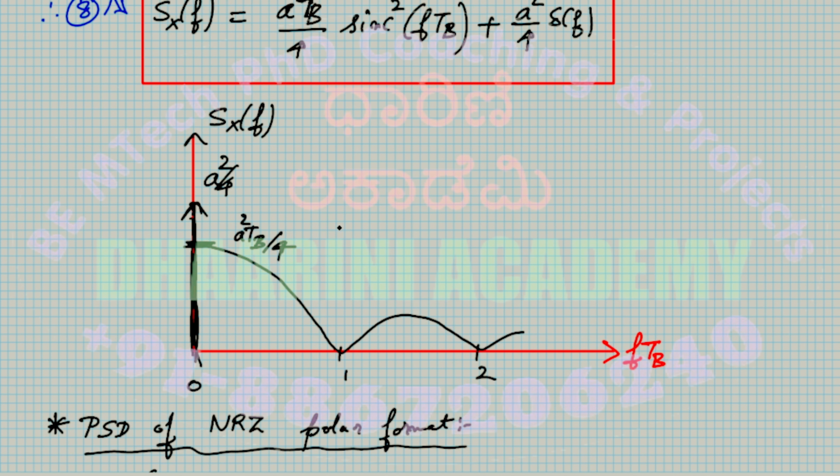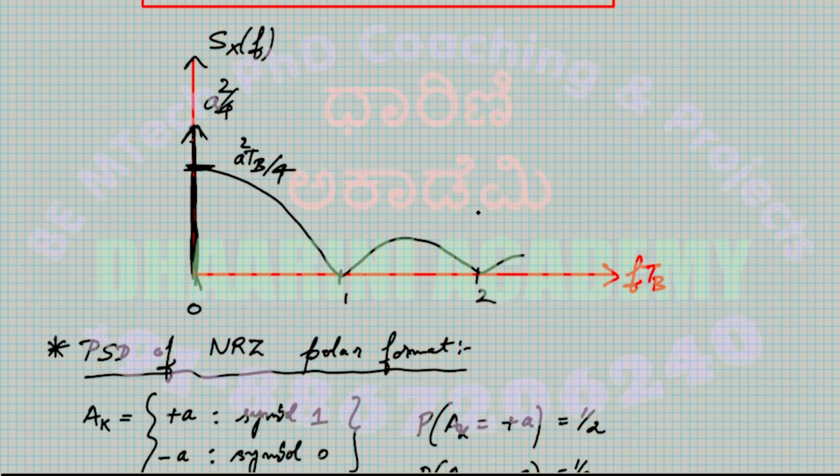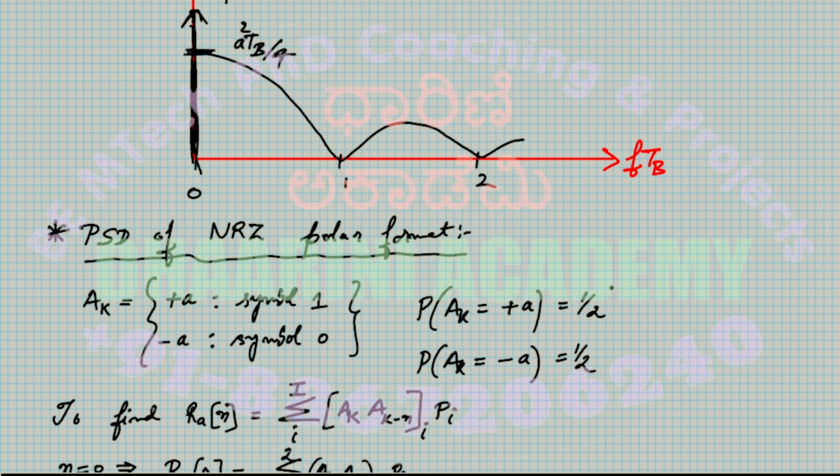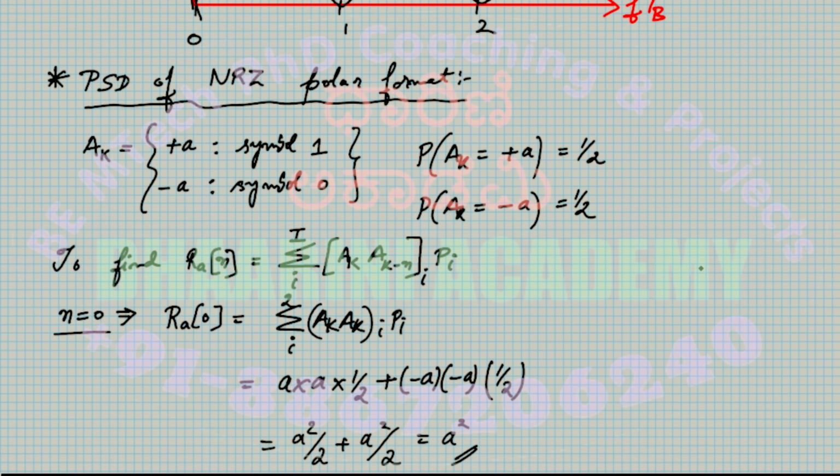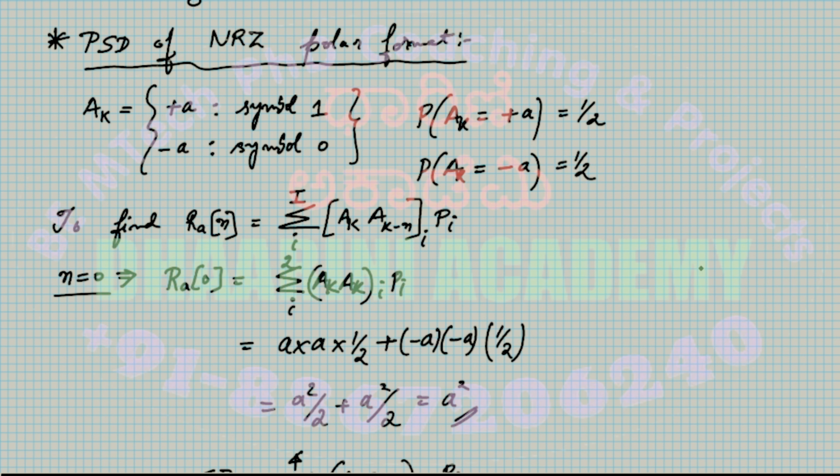All right. In that case, we'll go to the second format and we'll try to represent its PSD in equation format, and we'll try to plot this. Right now we are going to consider the non-return to zero polar form. If you remember the polar format, I will have two different polarities, one for symbol 1, one for symbol 0.